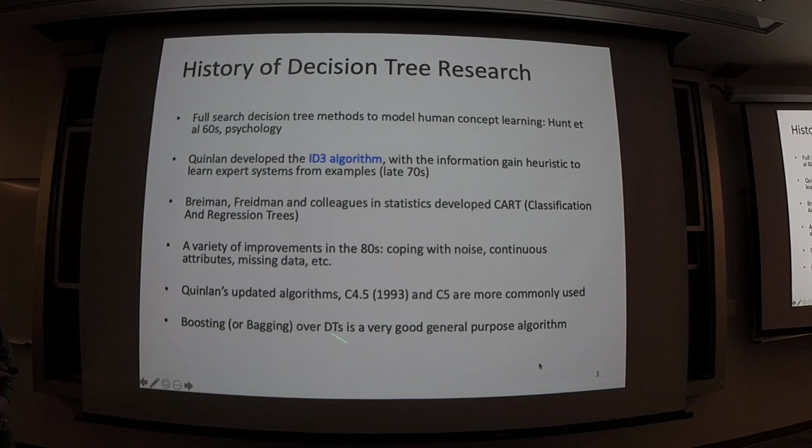And it turns out the performance can improve dramatically. So that's the brief history of decision tree research. Right? So nowadays, decision trees have become some kind of standard benchmark algorithm, and in many applications, they are already being used.